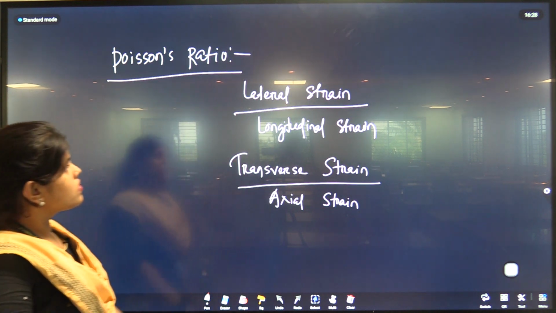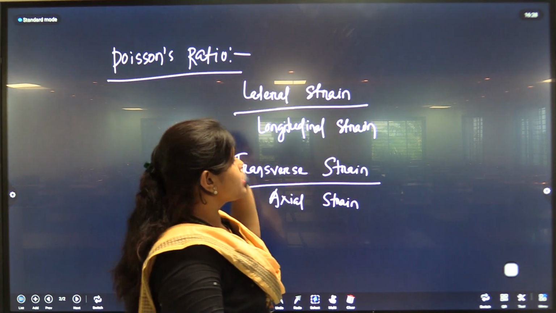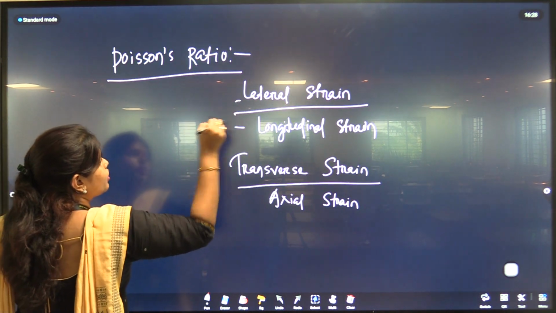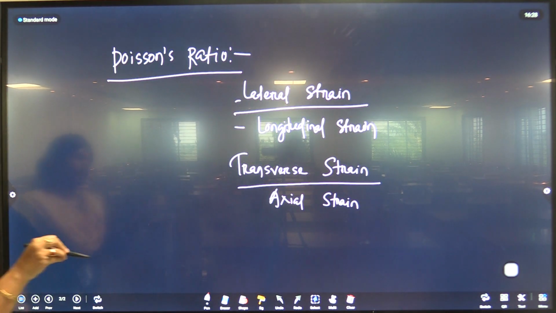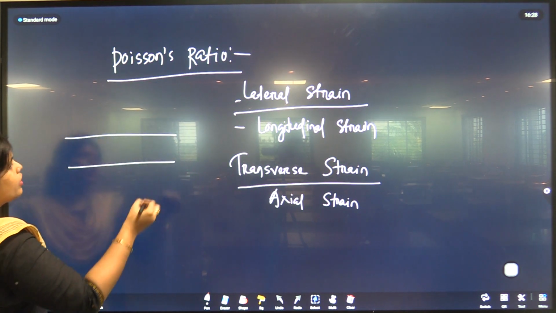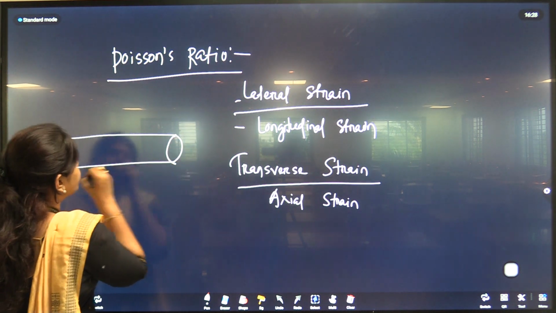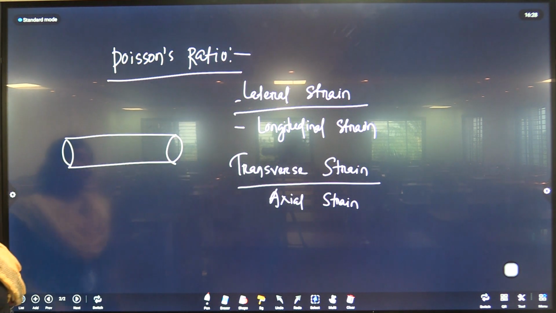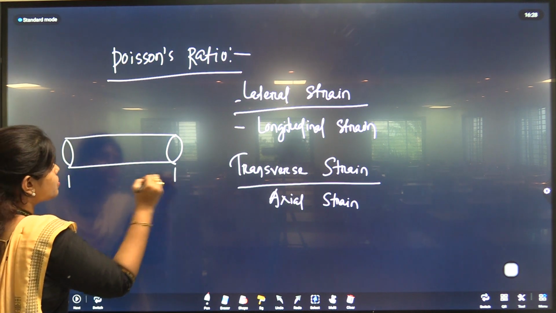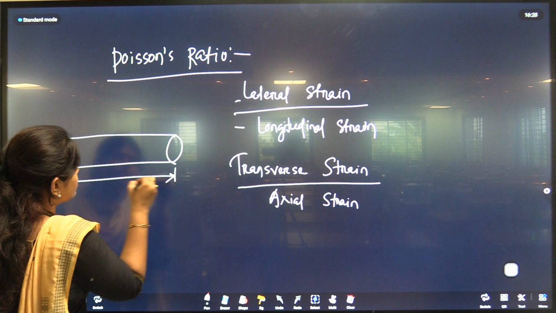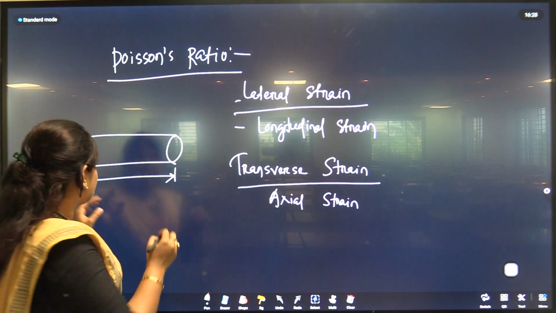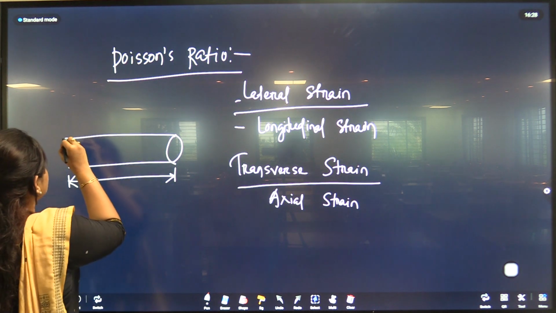Now the question is, what is lateral strain and what is longitudinal strain? To define them, we have to know about a prismatic bar. A prismatic bar is one in which the size is the same in every position.